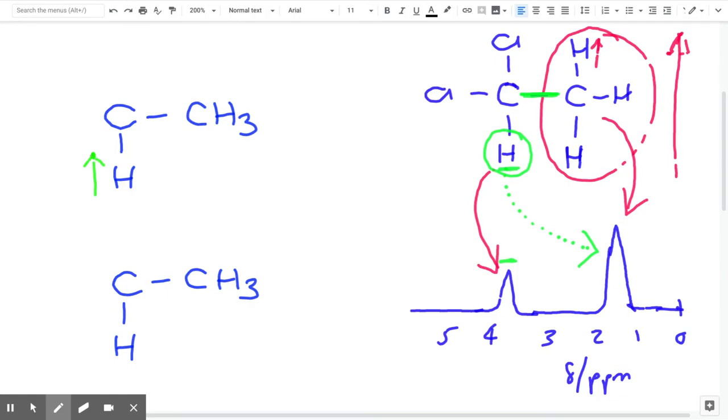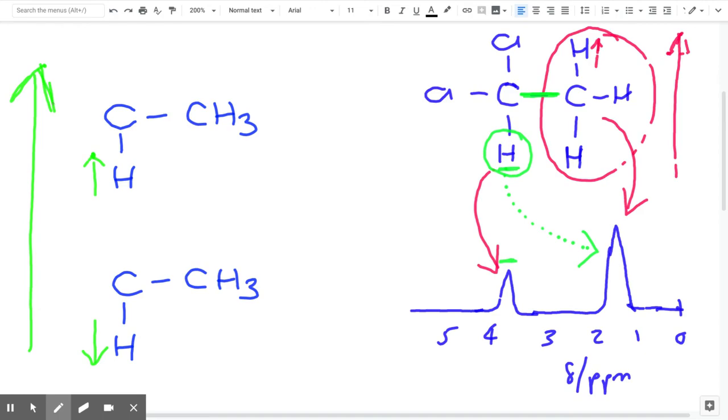We've aligned the magnetic field with the proton. But it is possible that that proton could go the other way. We only talk about vertical directions in this situation. But we could have the magnetic field being aligned with the proton, or probably vice versa, the proton not aligning itself with the magnetic field.